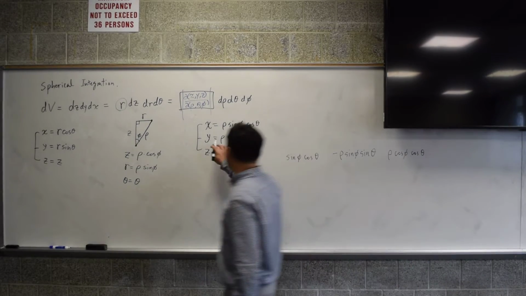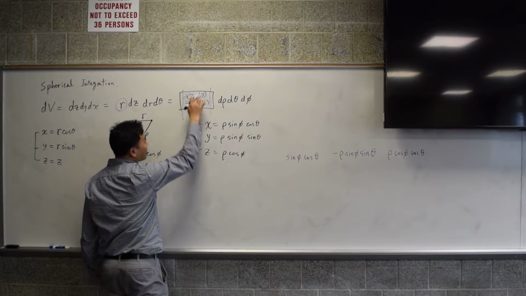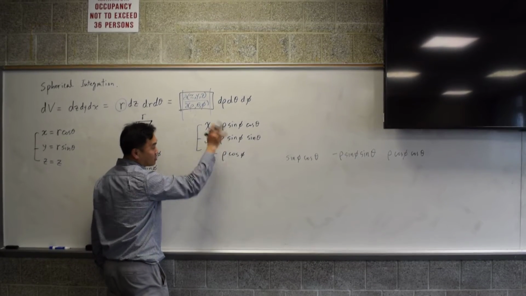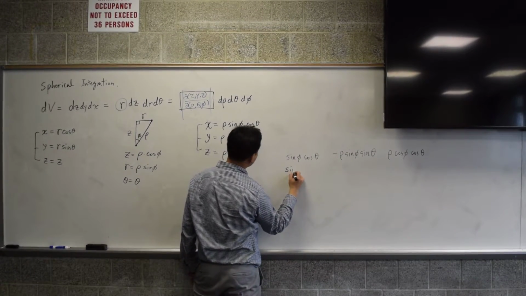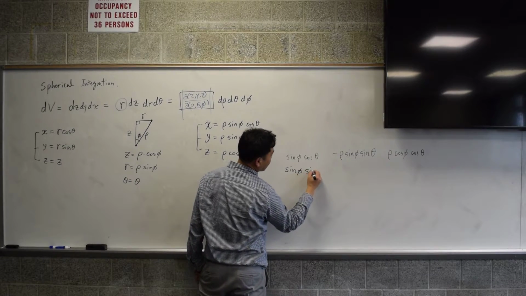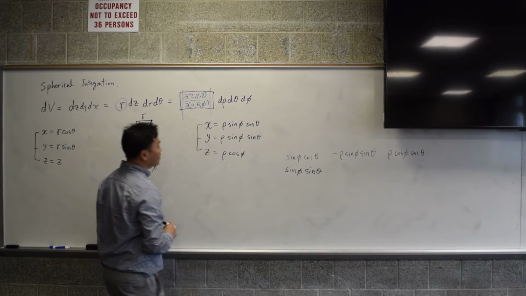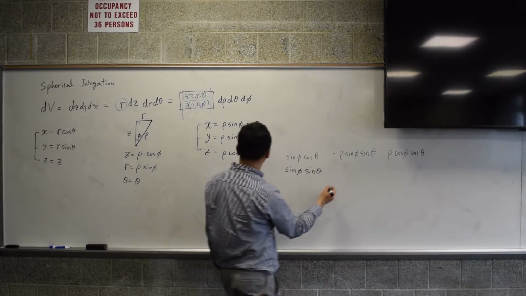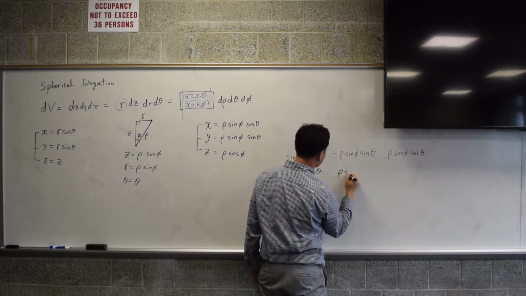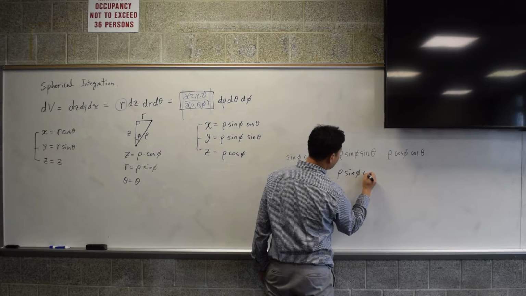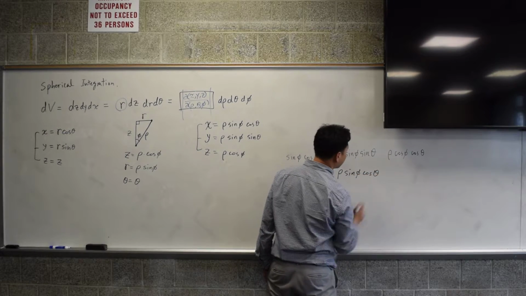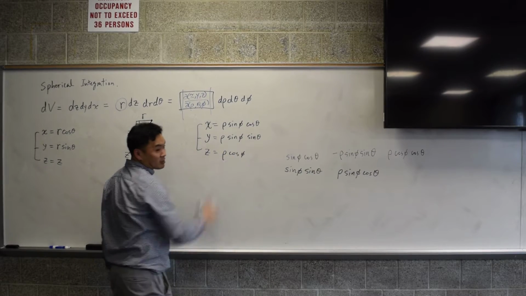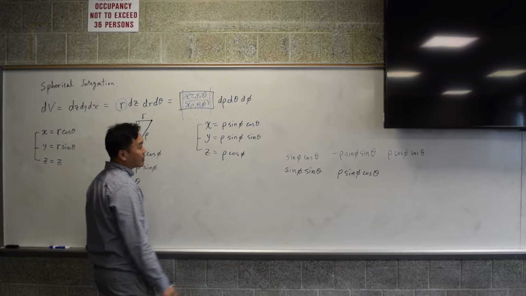All right, next I have to do y by rho. If I differentiate this by rho, rho differentiated by rho is just 1, so I get sine phi sine theta. Okay, and then if I differentiate y by theta, I get rho sine phi cosine theta, because I'm differentiating sine theta by theta, right?